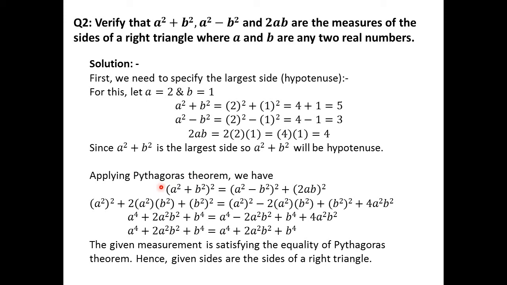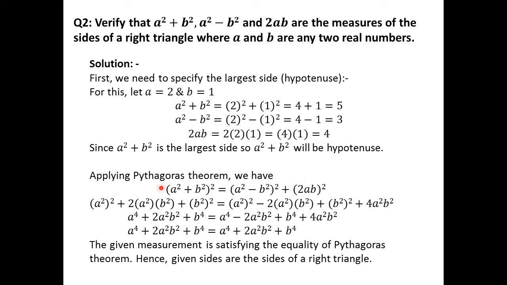The equality of Pythagoras theorem says the square of the hypotenuse is equal to the sum of the squares of the remaining two sides. Hypotenuse is a square plus b square. So the square of this expression is equal to the square of a square minus b square plus the square of 2ab.